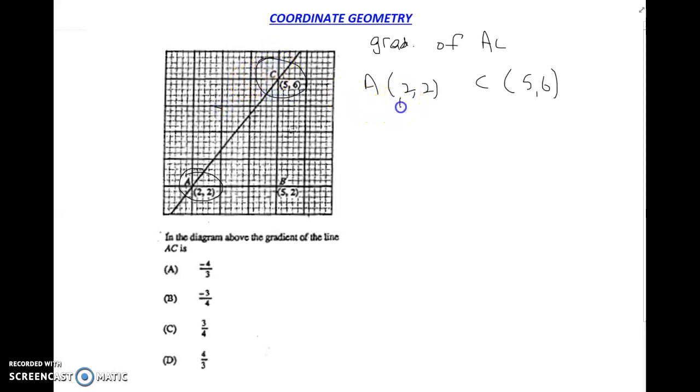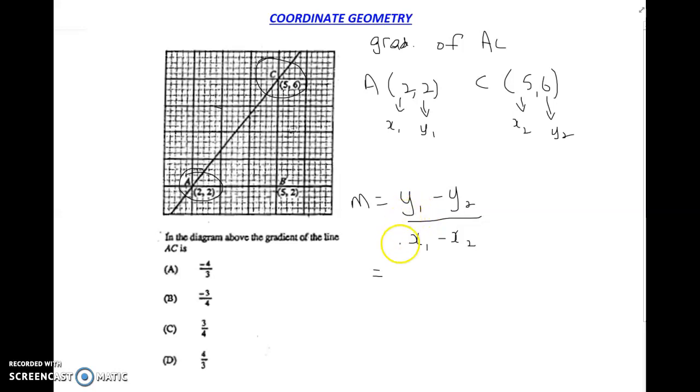Again, label your points: x1, y1, x2, y2. And again, you need to remember how to find gradient, right? y1 take away y2 all over x1 take away x2.